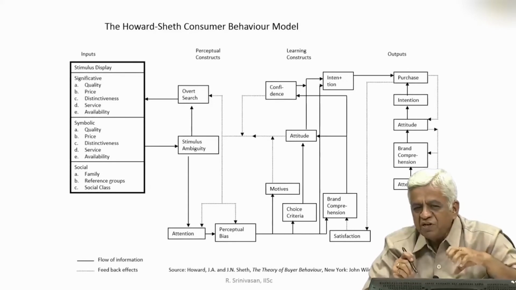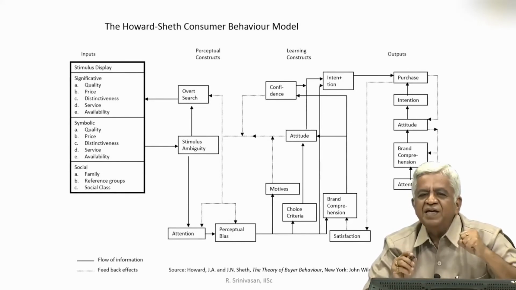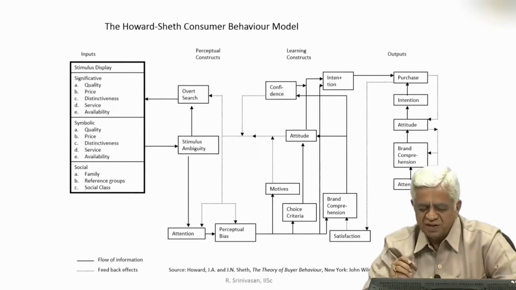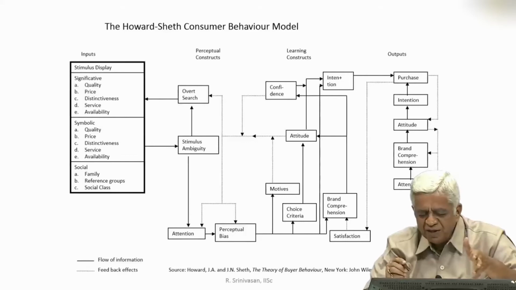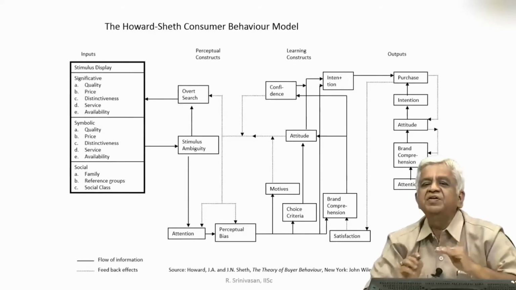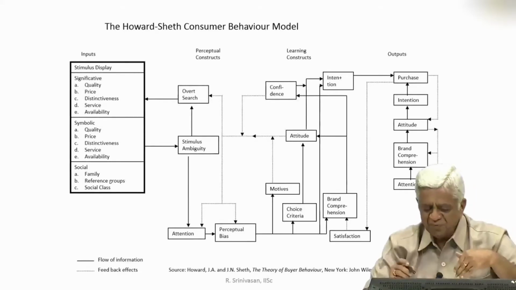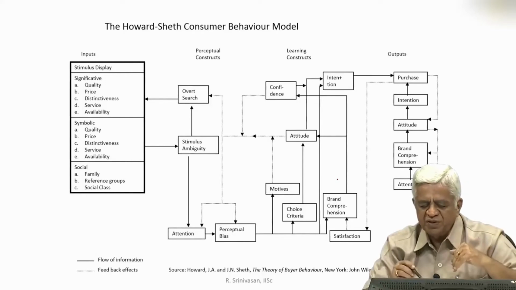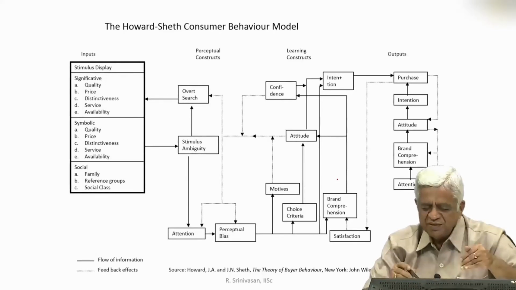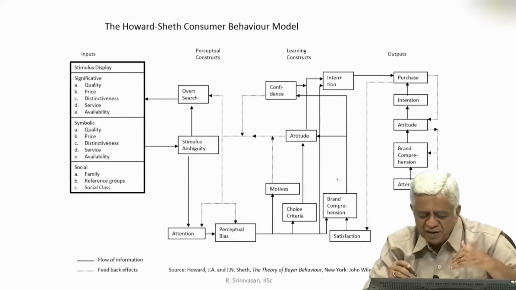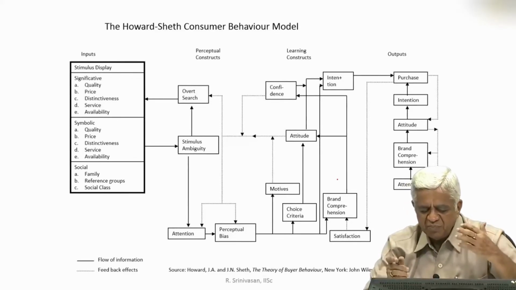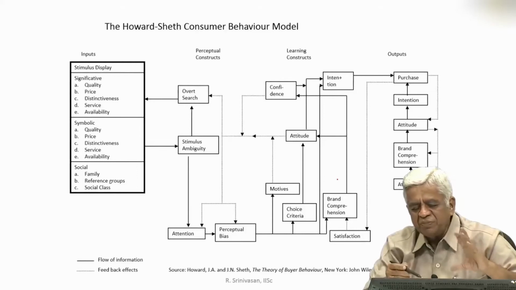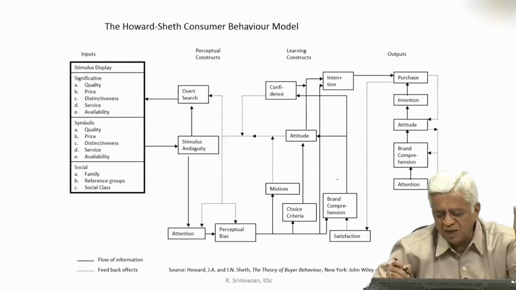The perceptual constructs lead to what is called the learning constructs. What is this learning construct? The customer develops confidence about his own decision making. And when he develops confidence about his own decision making, this is likely to result in a particular attitude being exhibited by him, depending upon the types of motives he may have.